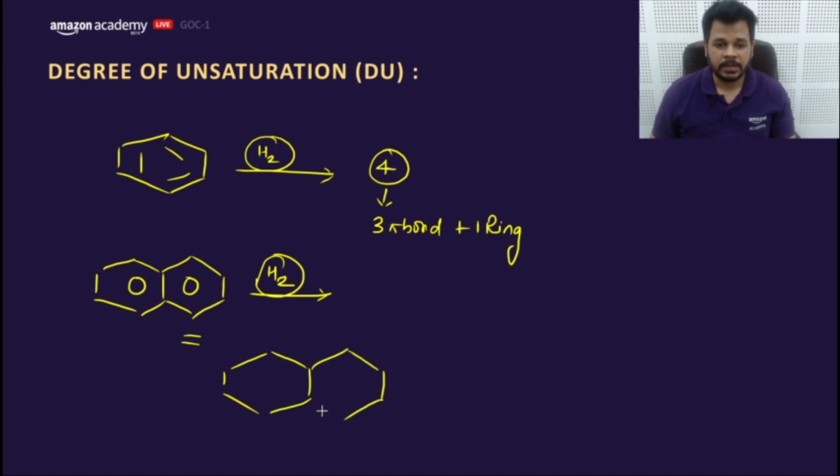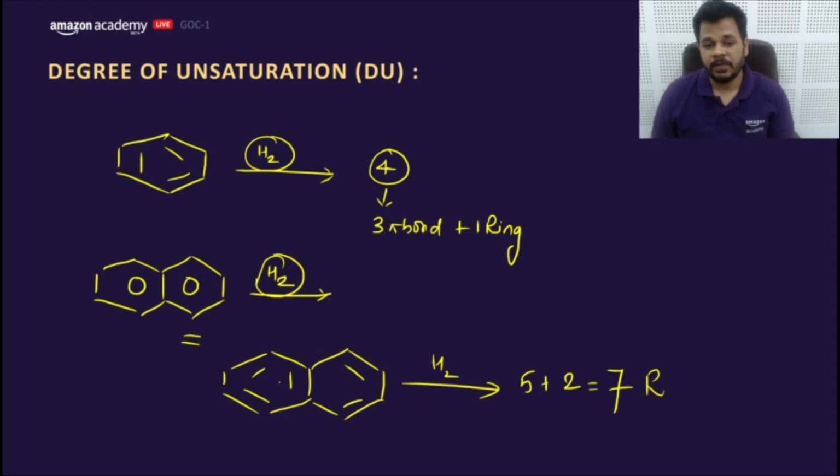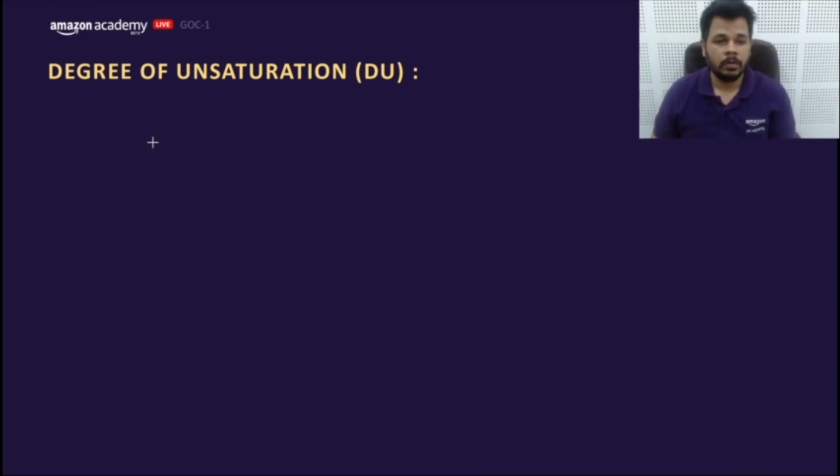Firstly, let's draw it in the other way. If I do it like that, you can easily find out now that the number of pi bonds is 5 and the number of rings is 2. That means overall together 7. The DU would be 7. So you need to draw pi bonds, then only you can answer.